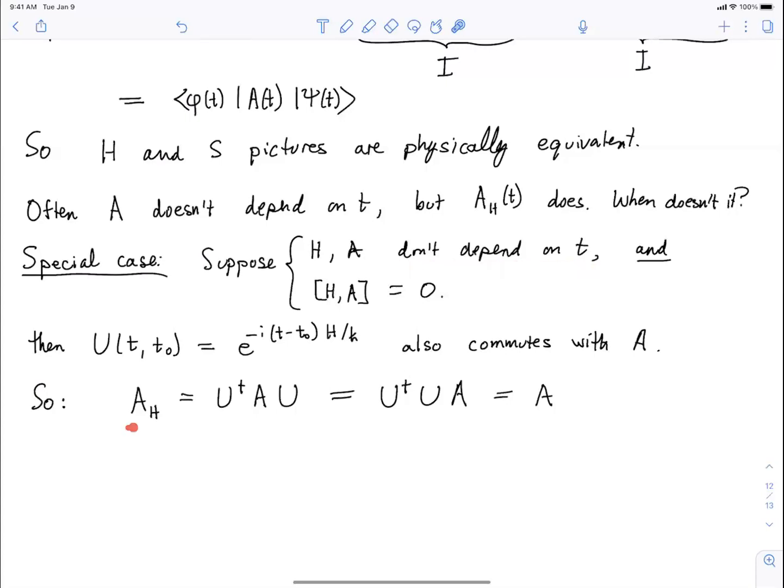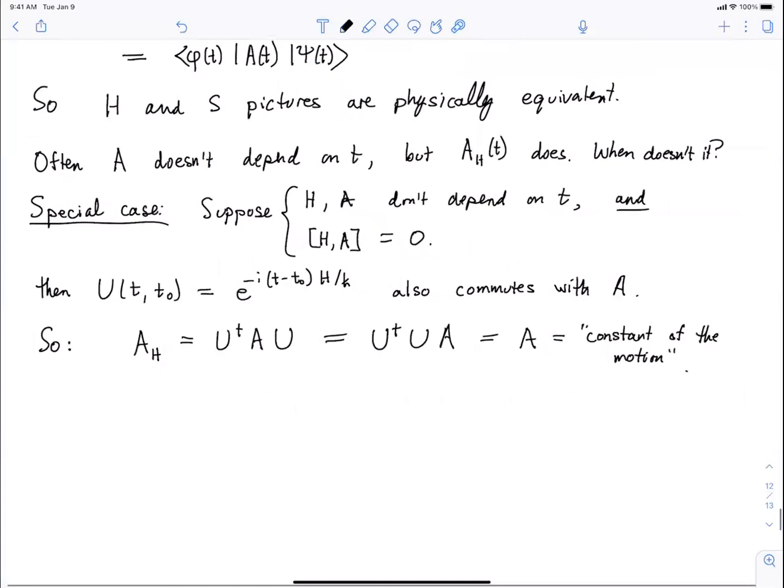Therefore, the Heisenberg operator also doesn't depend on time. And so that's called a constant of the motion, which is stealing some terminology from classical physics. They're really still operators, but they're constants.